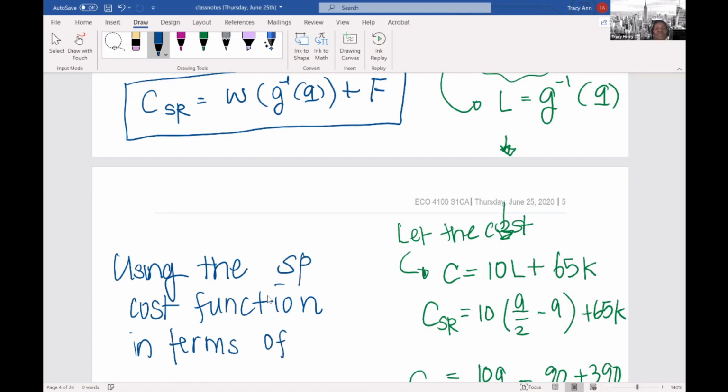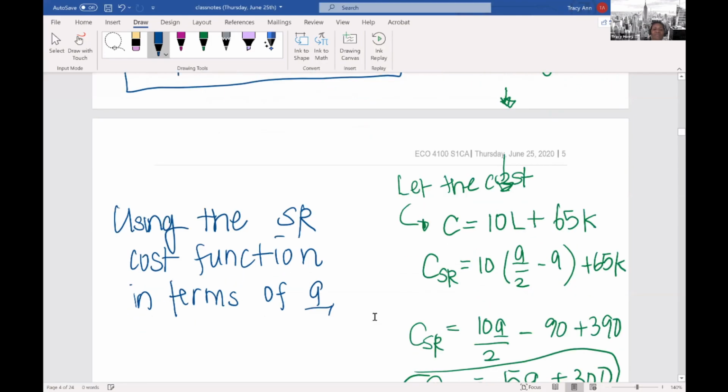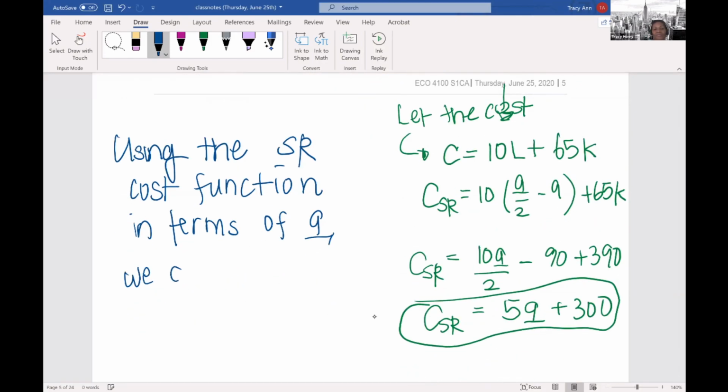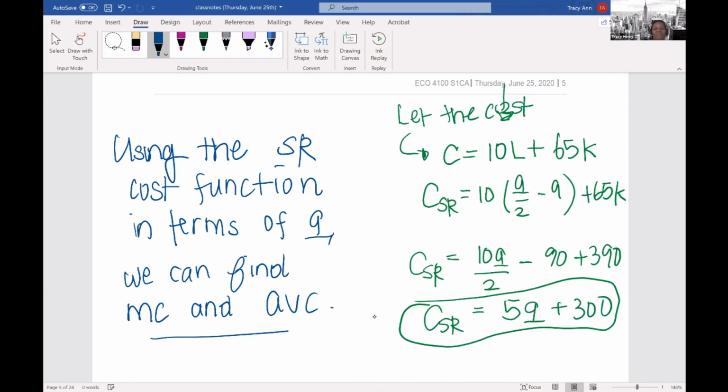And basically, it's a short run cost in terms of quantity. We can now find marginal cost and average variable cost. Let me just introduce what they are, as you would have guessed.